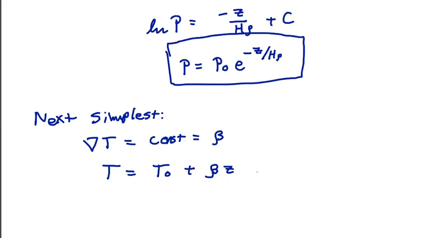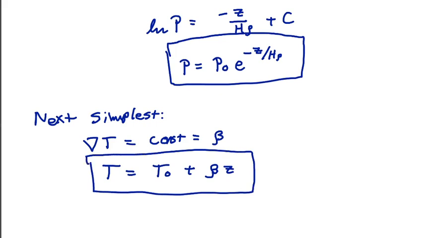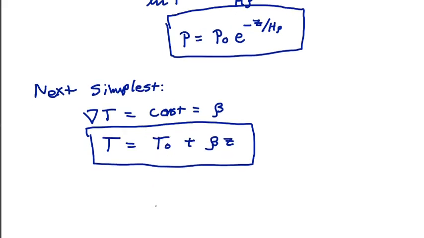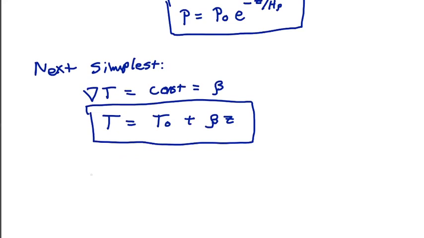And this is a linear profile of temperature. β is some constant, z is our height, and so this is an atmosphere where the temperature changes linearly with height. This class of atmospheres is called the polytropes.